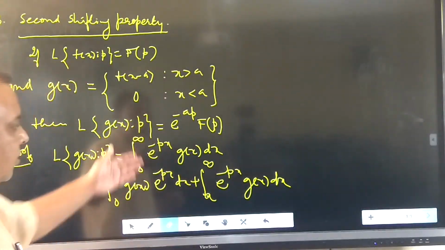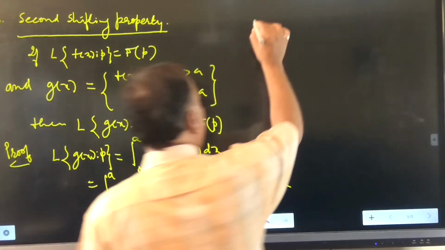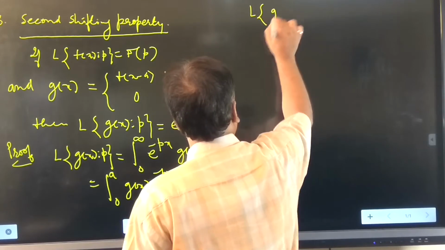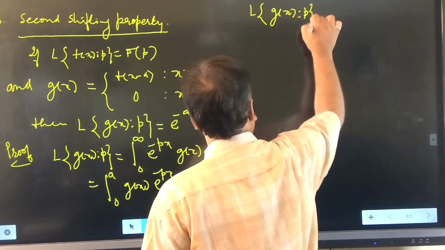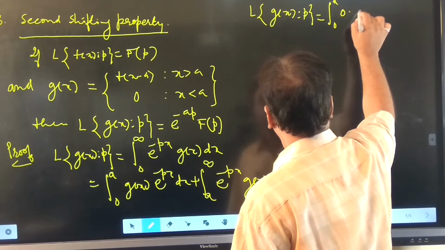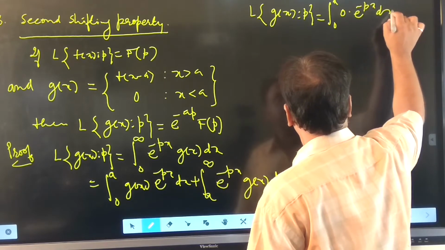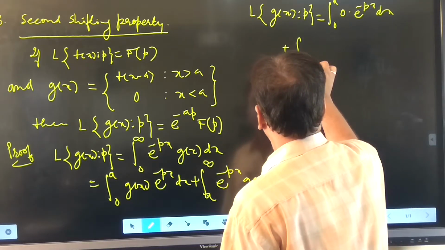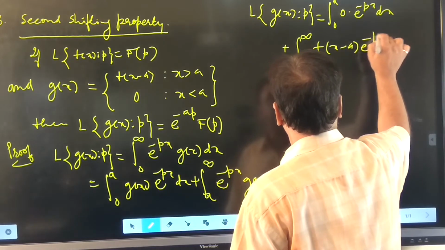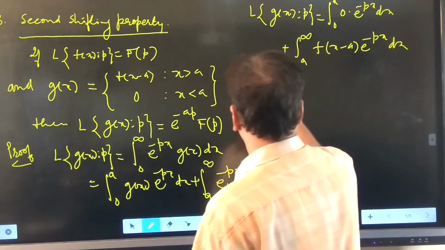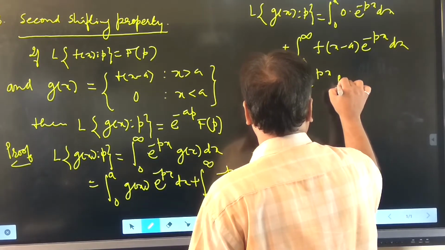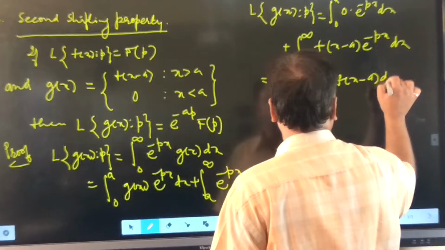Now, using the definition of the function in different intervals, we get the integral from 0 to a of 0 times e raised to minus px dx plus the integral from a to infinity of f(x - a) e raised to minus px dx.